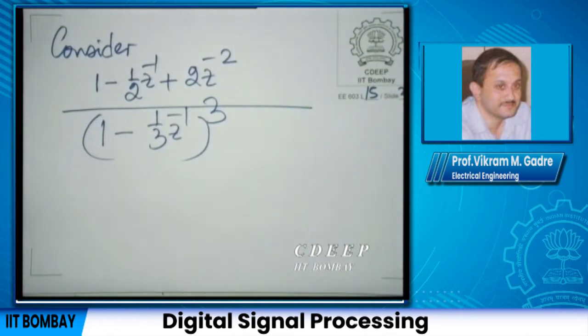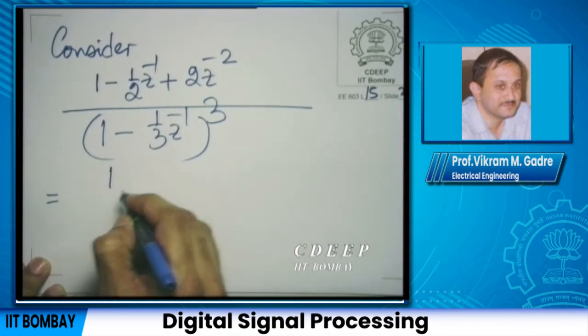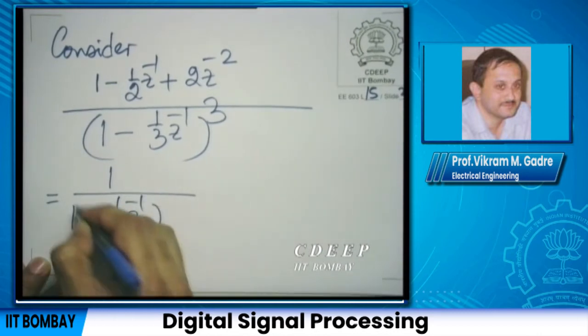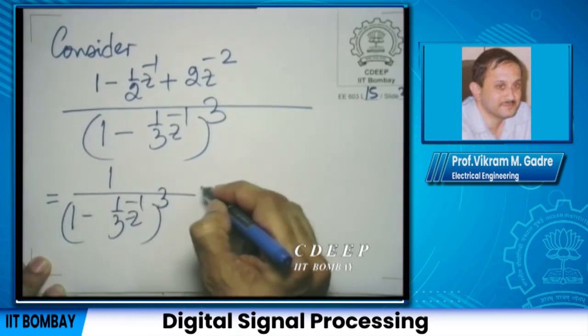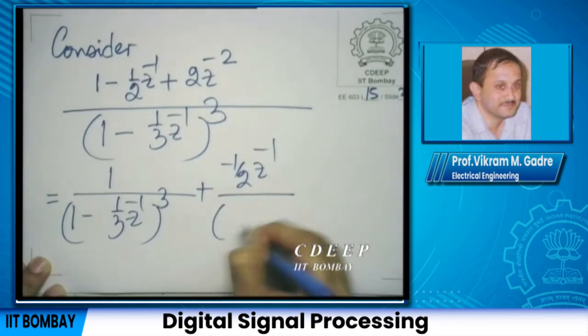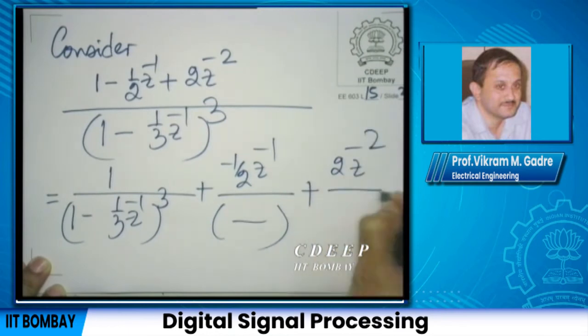Now, you can always rewrite this as 1 by (1 minus 1/3 z inverse) to the power 3, plus minus half z inverse by the same thing, plus 2z to the power minus 2 by the same thing.